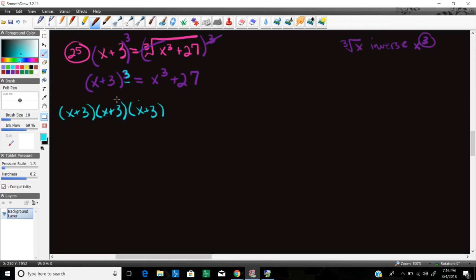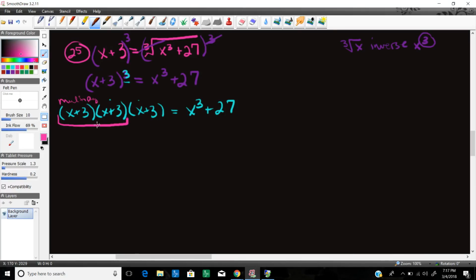So 3 means 1, 2, 3 of these, equal to all this over here, x cubed plus 27. And so now, just like I did in a past video, I'm going to multiply these binomials right here. I'm going to start with just 2 of them, and then I'll figure out the last part.